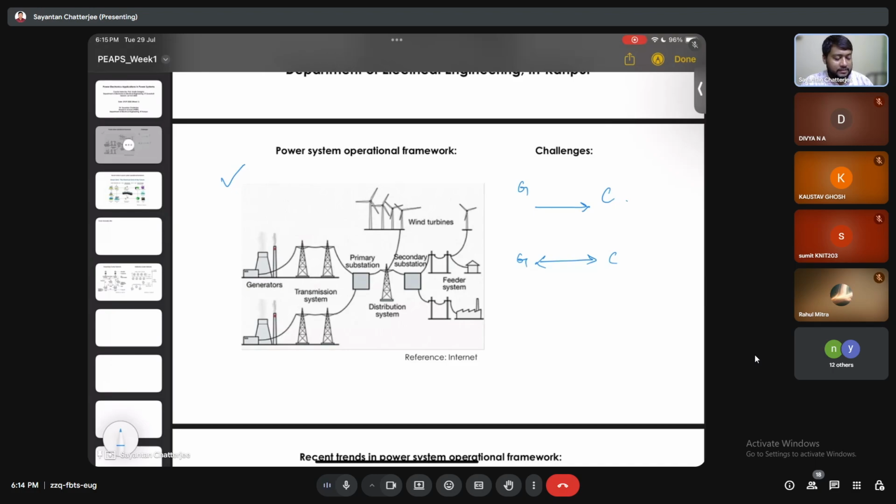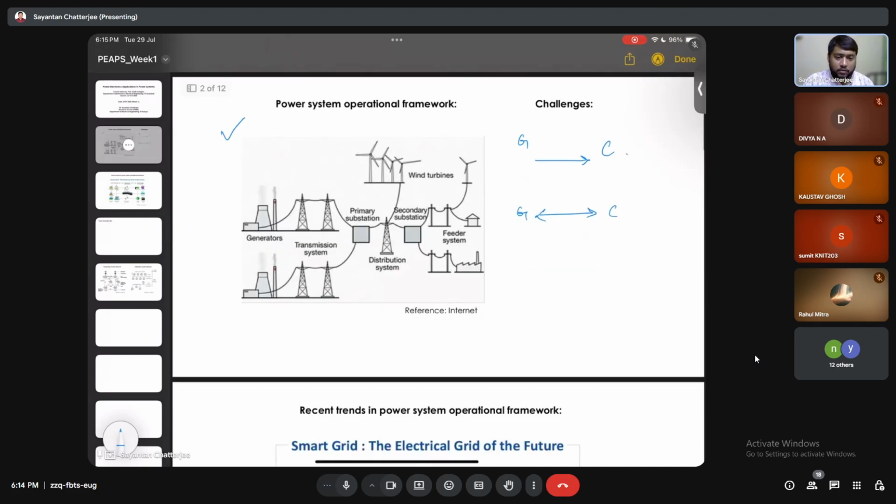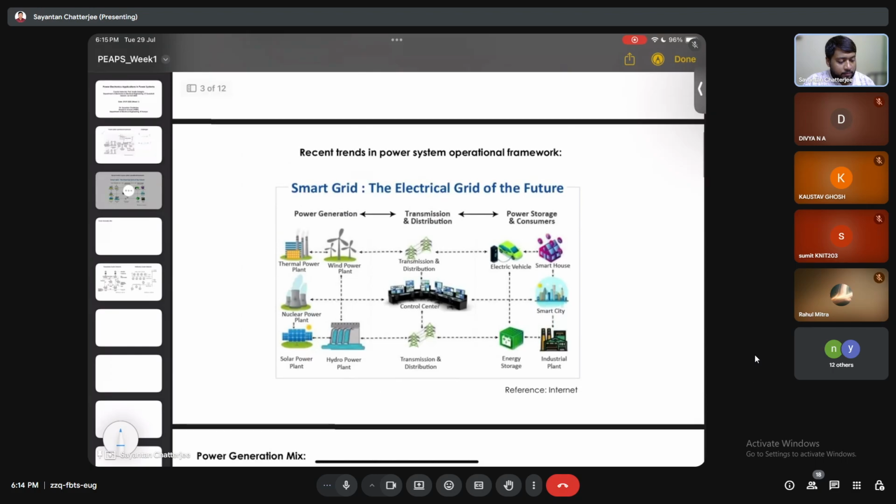But the thing is that we are trying to set up some kind of system which would be in closed loop control, and they can interact in the form of information as well as their participation in maintaining the power balance, right?